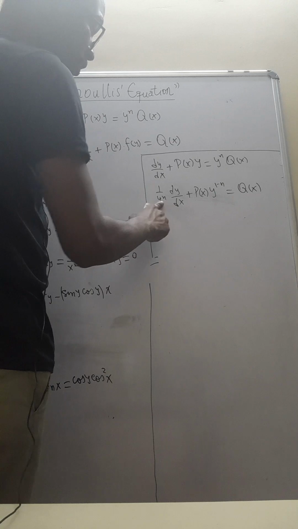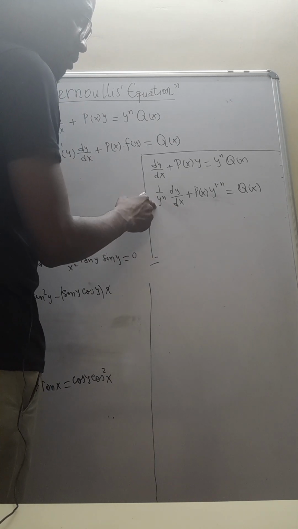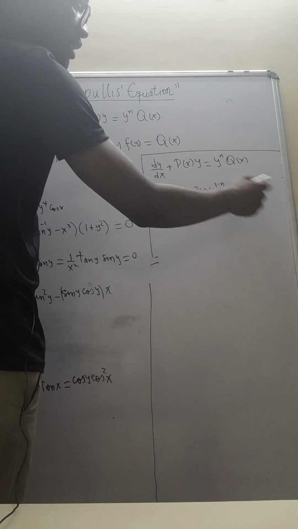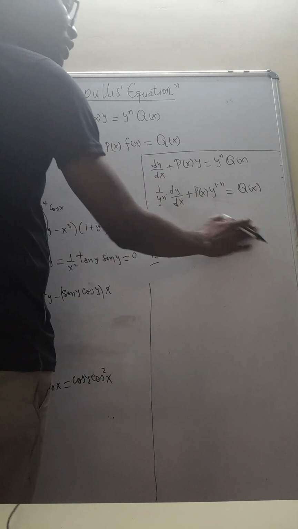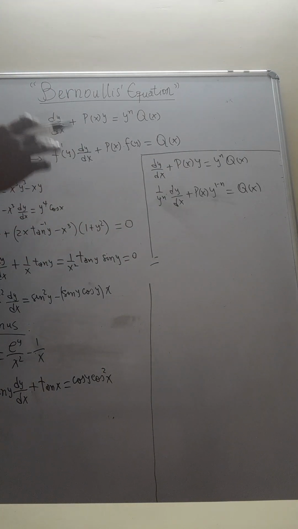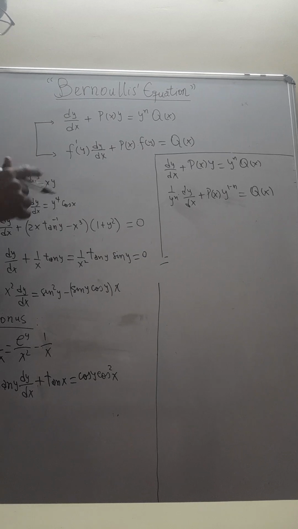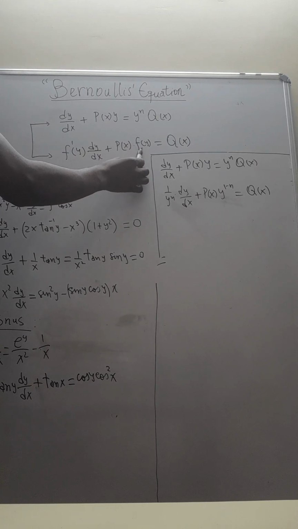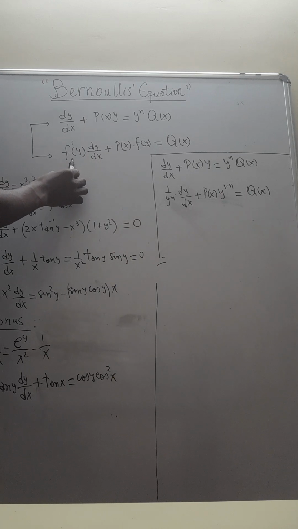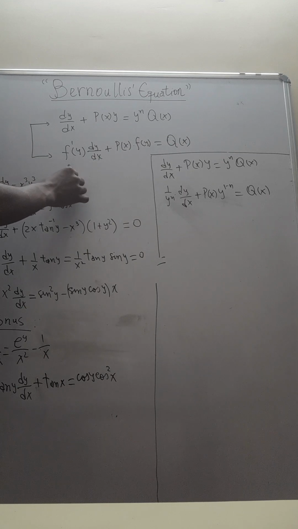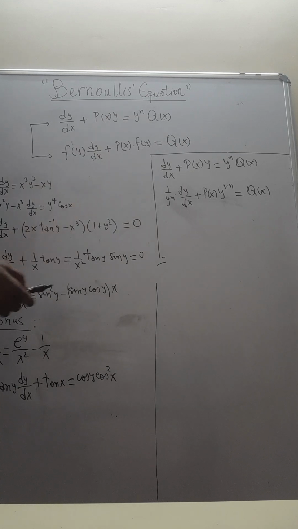As you see, we have 1 upon y raised to n, p of x, and so on. Now remember the general form of Bernoulli's differential equation. Whenever I get f of y multiplying dy by dx, and f of y is the first derivative of this guy, I can reduce it to a linear differential equation.